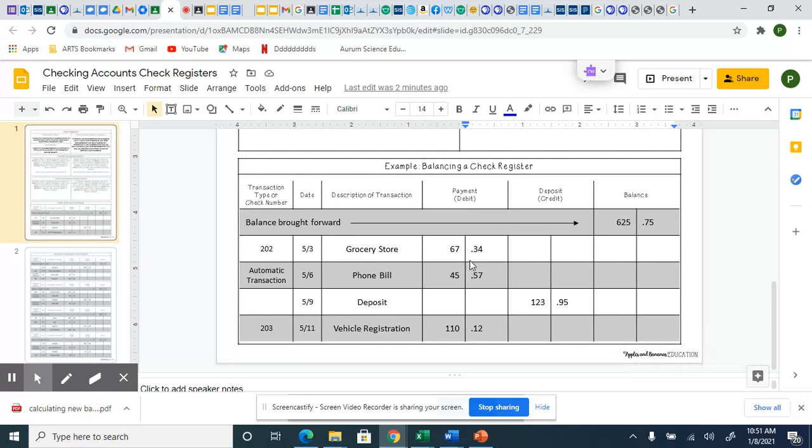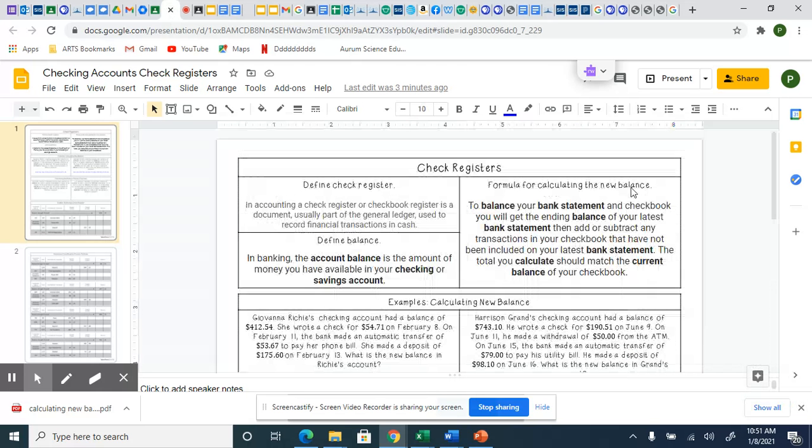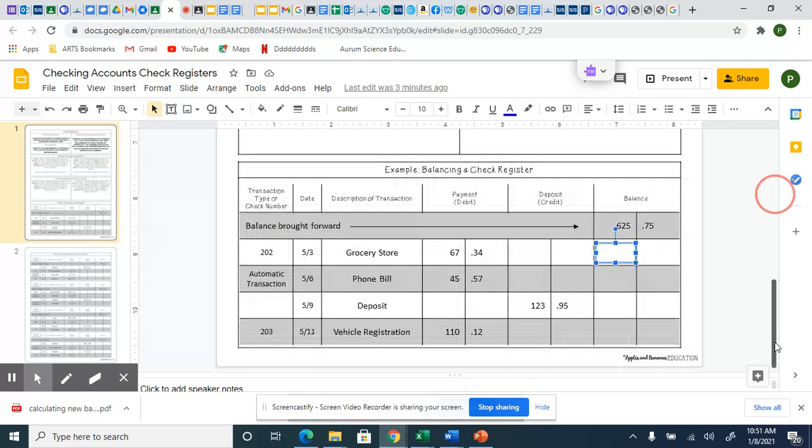All right, so this is, oh, there it is. Okay, so what you've got to do in the bank register is subtract. We start out with 625.75, and we're subtracting this first amount, which is 67.